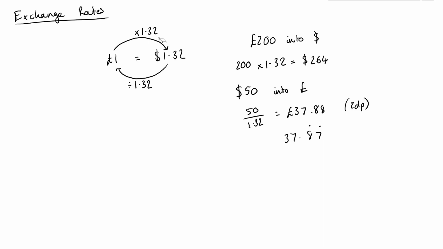We can take another example. It doesn't have to be dollars. Let's have a look at a rupee, for example. So £1 is equal to 48.30 of a Mauritian rupee.